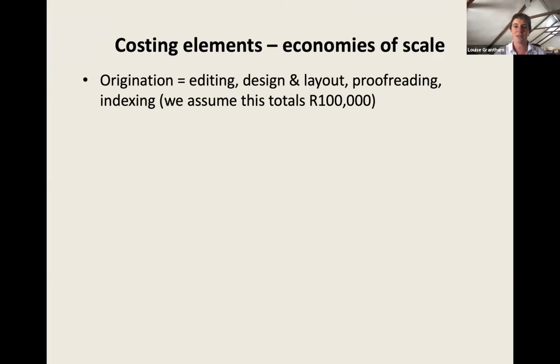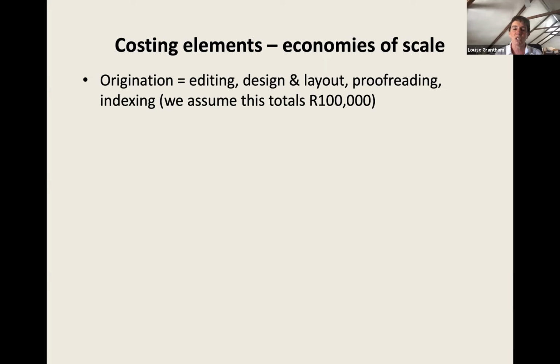So, we've got two main parts to creating a book, two main cost sources just in producing the book. So, origination is the first, and that is all the things that have to happen in order to get the book ready to print or to reproduce in some way.